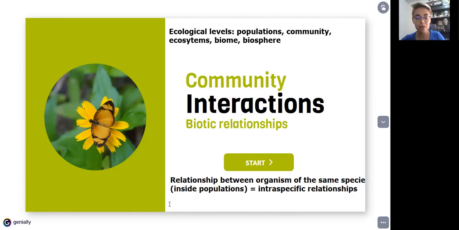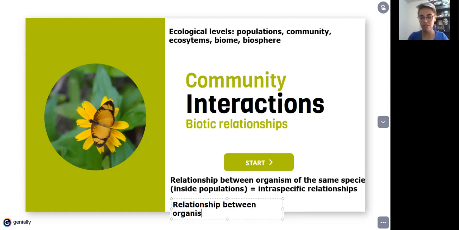But when we're talking about relationships that occur between communities, that means organisms of different species, that means inside a community, we are talking about interspecific relationships.